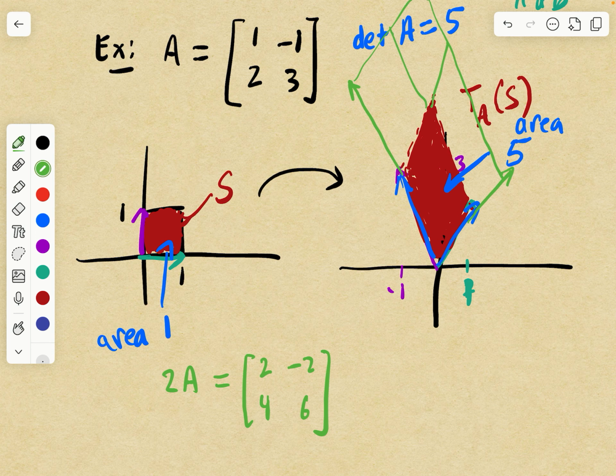And this fact is used in multivariable calculus when you're doing integration. If you take multivariable calculus and do double integrals or triple integrals, you have to use something called the change of variables formula. And in the change of variables formula, there's the absolute value of the determinant of a certain matrix. The matrix is called the Jacobian.